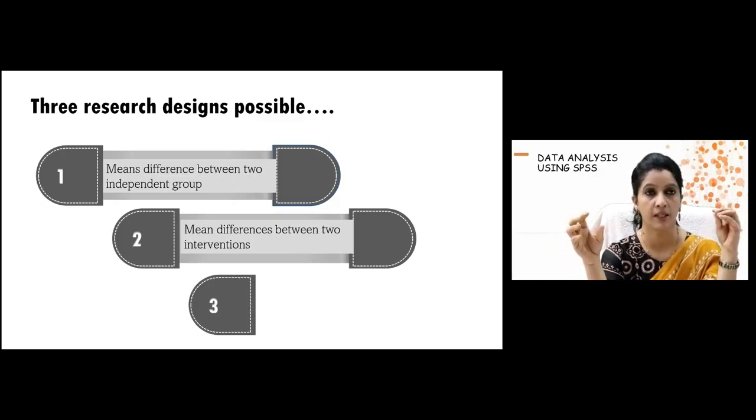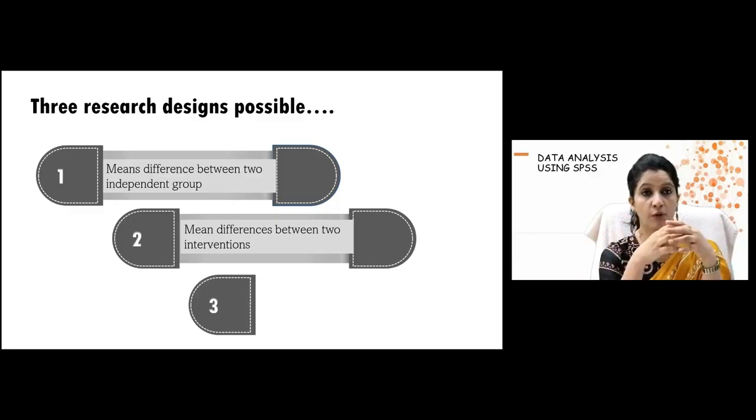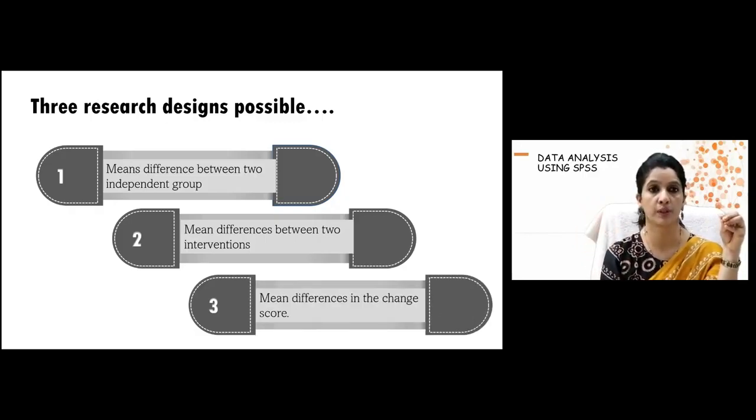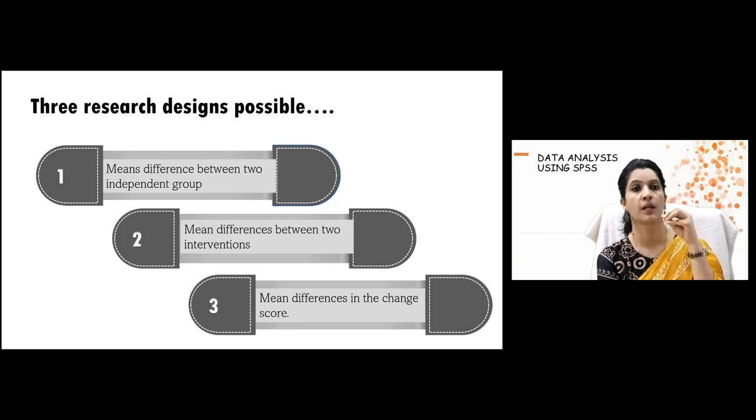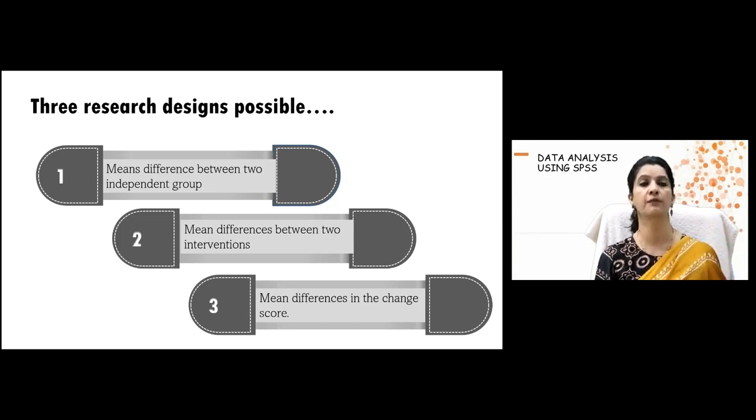There will be an initial blood pressure, and then after administering the drug there will be another blood pressure, so there will be a difference between reading 1 and reading 2. You can compare the mean difference between the two groups or the two interventions, or you can check the mean difference in the change score. But the criterion is that there should be two independent groups.